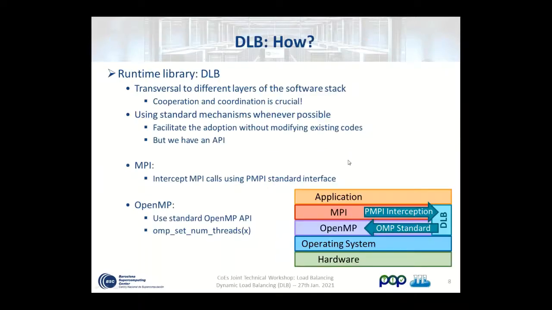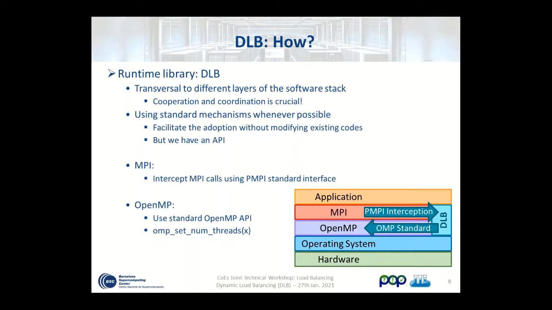How does this work? Well, we try to be integrated with the different layers of the software stack, in particular with MPI and OpenMP, but we also offer an API for applications. At the beginning, we tried to be very transparent to the application, so you don't need to add anything, but in the end we have seen that application developers are the ones who know their application best.